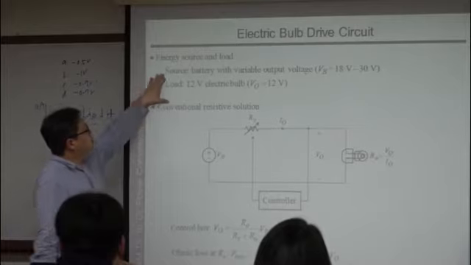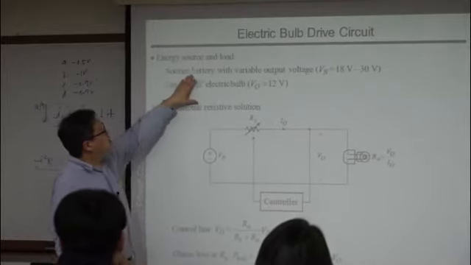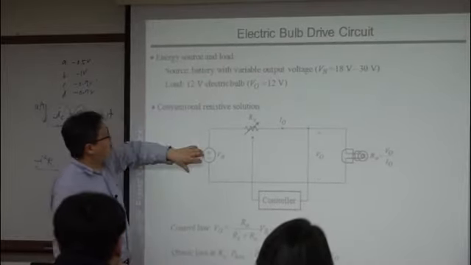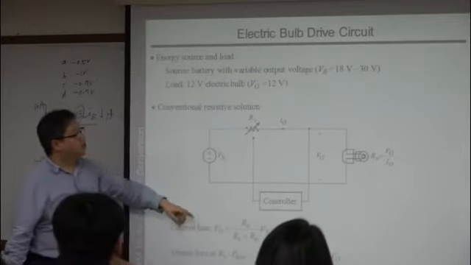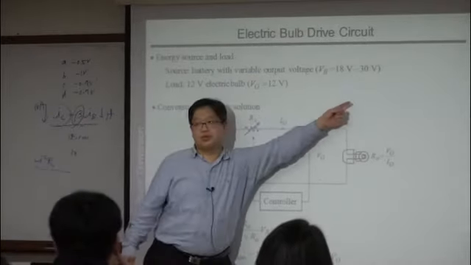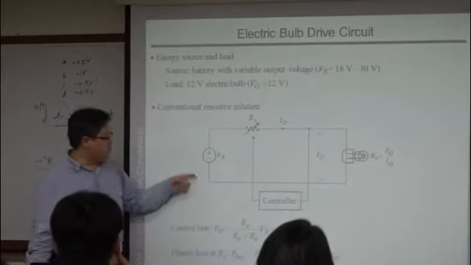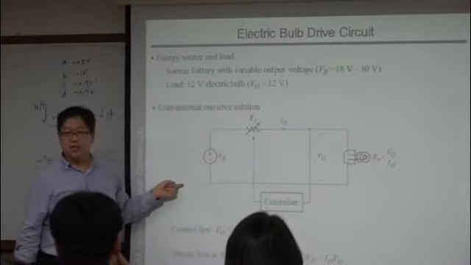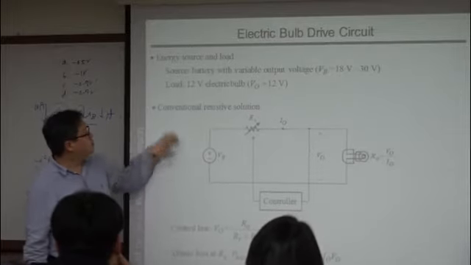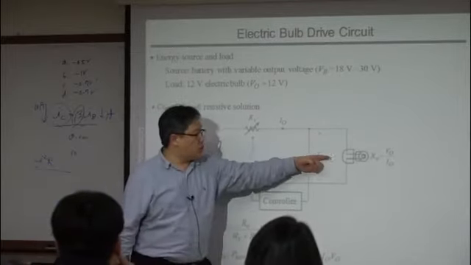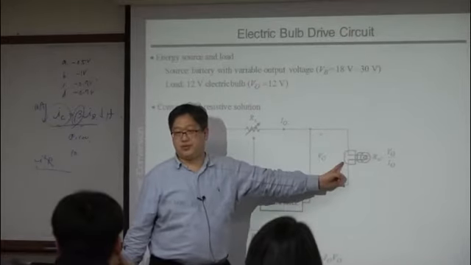And the source is considered as a battery with variable output voltage, whose range is from 18 to 30 volt. So its minimum voltage is 18. Its maximum voltage would be 30 volt. And the load, you should offer 12 volt here.